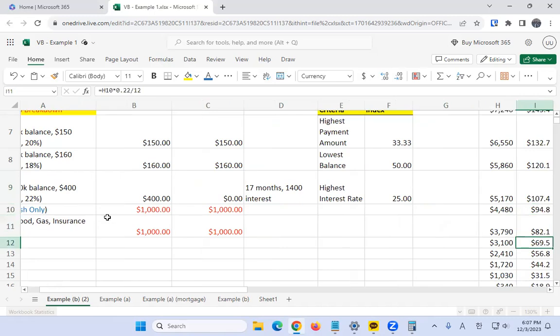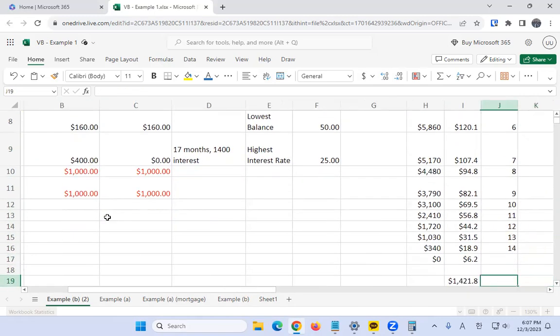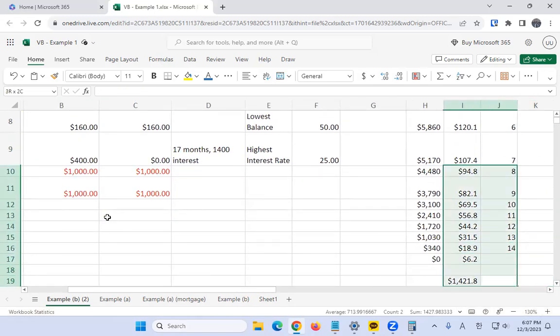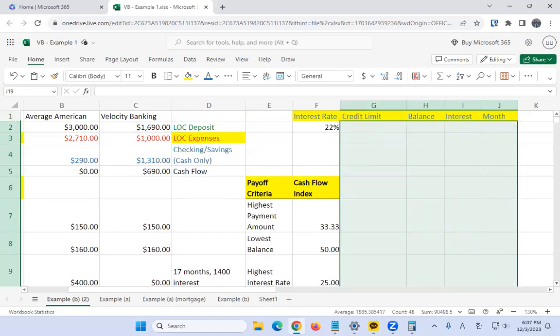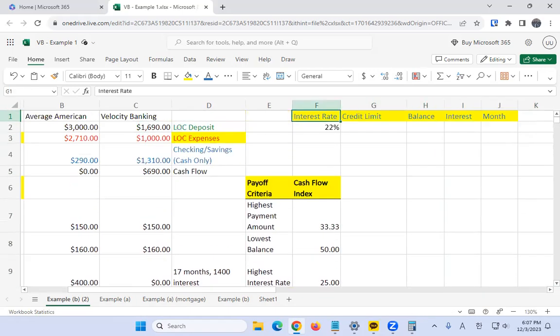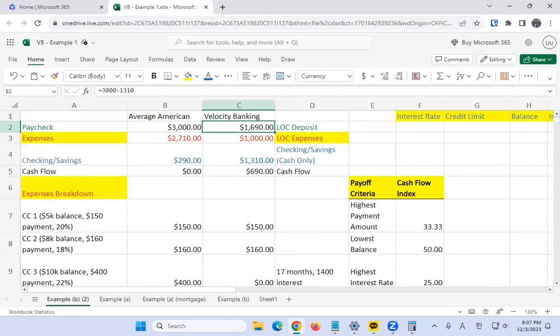And then once we've completely paid it off, now we move on to the next one. And so what we have to do is just refactor this. Now this is going to be our next operating account for velocity banking.